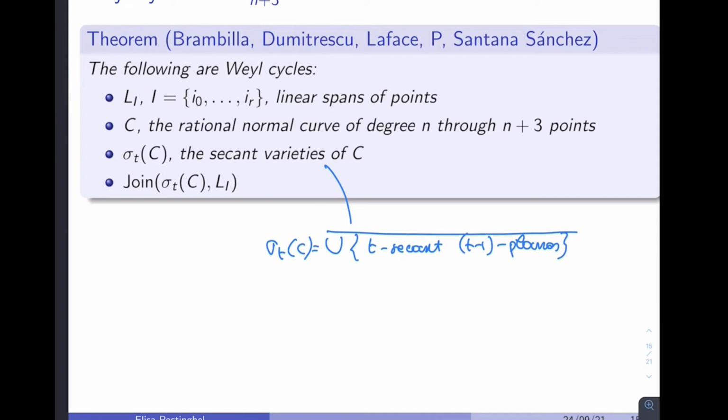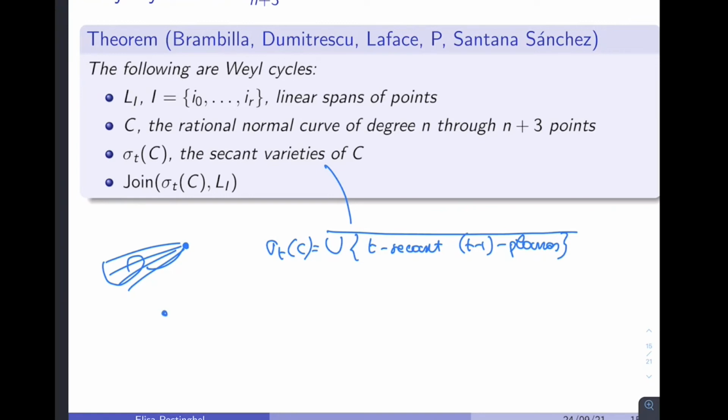That turns out to be also a Weyl cycle. And then I can take joins of the above. I can take joins between a secant variety to the curve and a linear cycle. An example is, I can take the curve itself, that would be my first secant variety, and then I take a point, and I get the quadric cone that we've seen earlier. So this is the list of Weyl cycles.